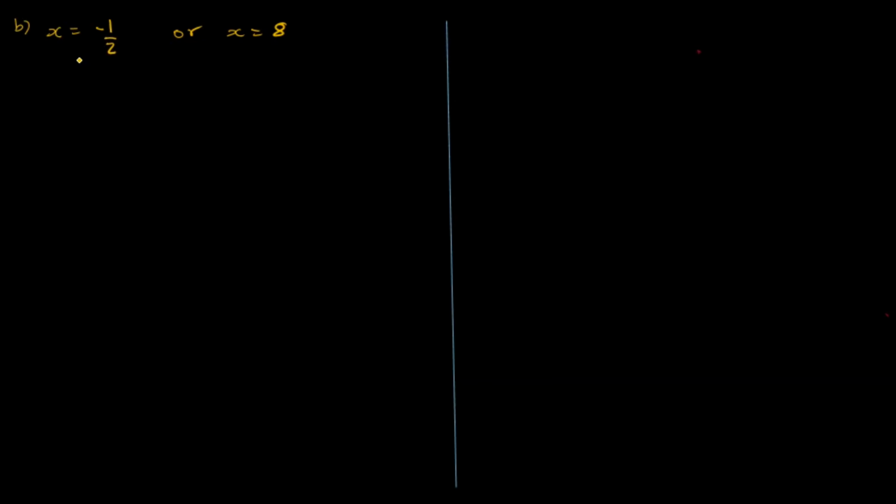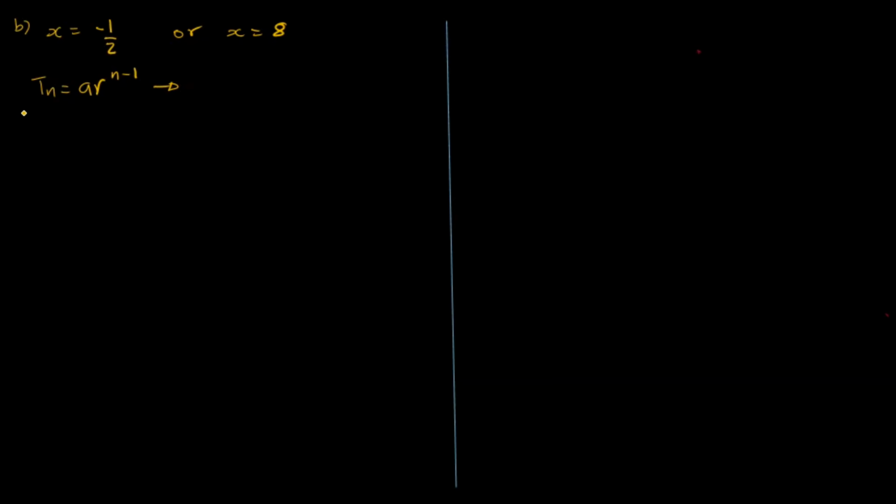So what I'll do is determine the sequence where x is equal to minus 1 over 2 first. So we know that Tn is equal to a r to the power of n minus 1. This is your general nth term.